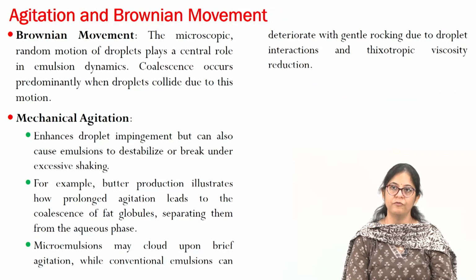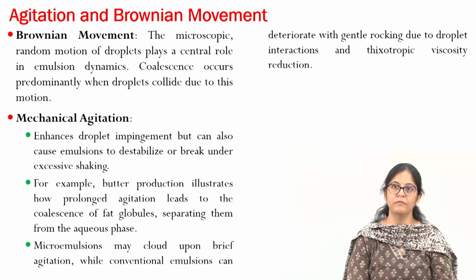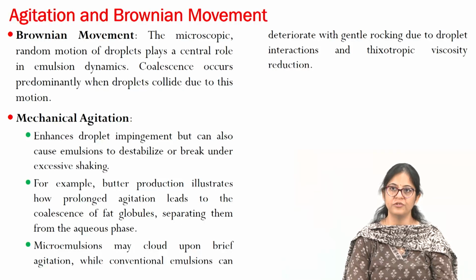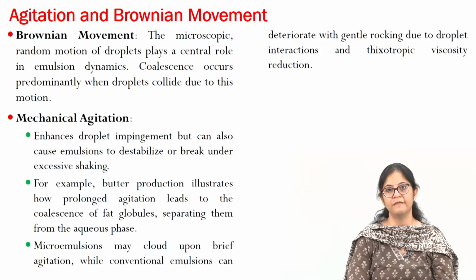The Brownian movement, the microscopic random motion of the droplets, plays a critical role in emulsion dynamics. Coalescence occurs predominantly when droplets collide due to this motion. Enhanced droplet impingement can also cause emulsions to destabilize or break under excessive shaking.